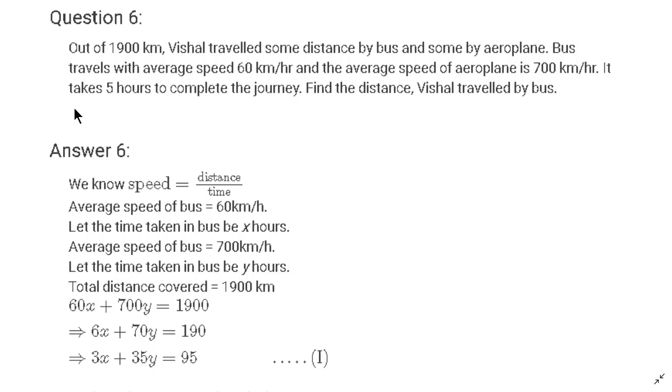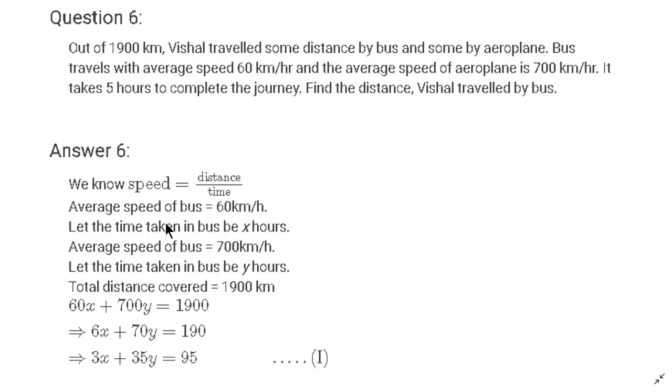Among the 5 hours, there should be some hours by bus and some by aeroplane, right? So let the time taken by bus be x hours and the time taken by aeroplane be y hours. But we should be calculating the distance, because we have been given the distance here.